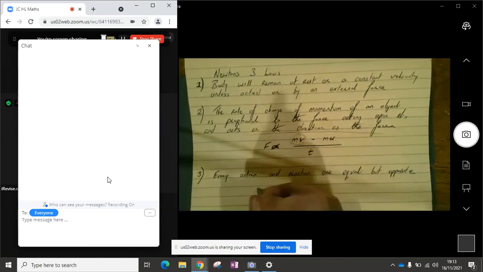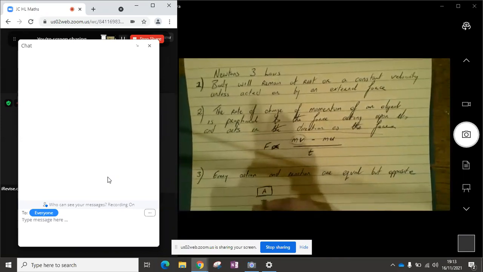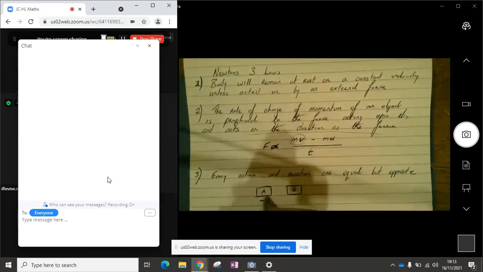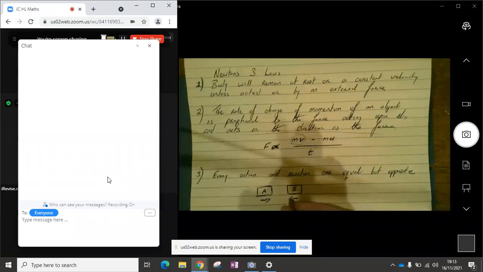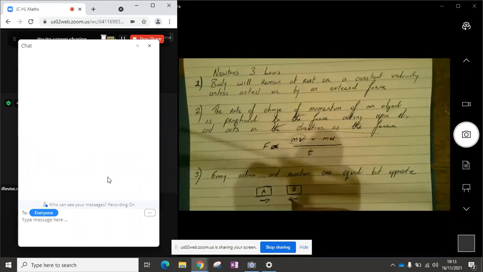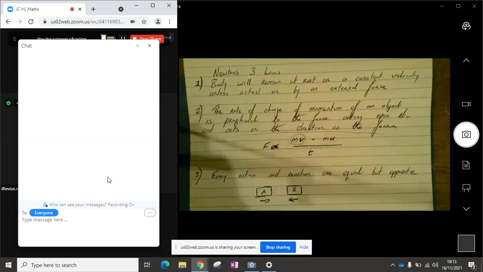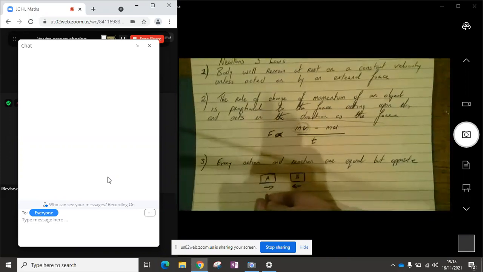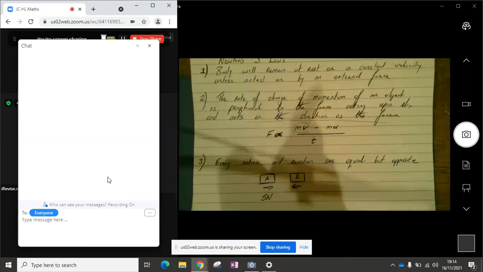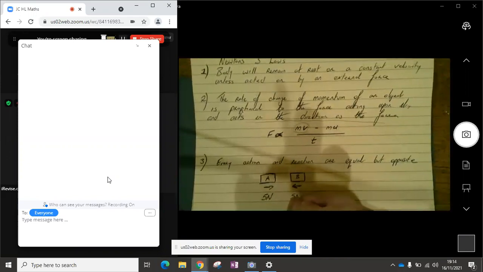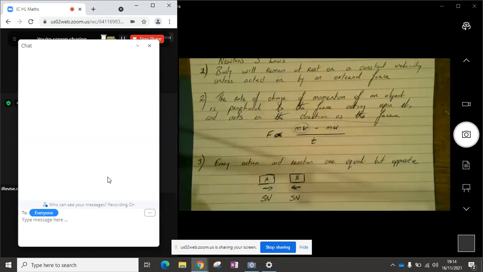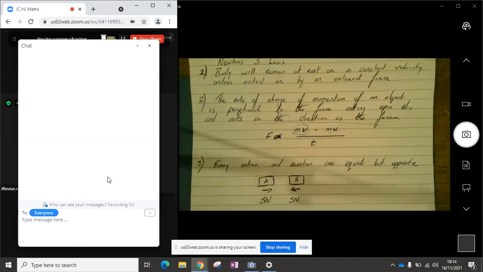So if you had, let's say, A, some block of something colliding with B, what's going to happen is once A hits B, B is going to exert an opposite force, which means opposite direction, on A, and it's going to be with equal magnitude. That's what equal means. Okay, so if A exerts a 5 Newton force that way, B is going to exert a 5 Newton force that way. Okay, so those are your 3 laws of motion.